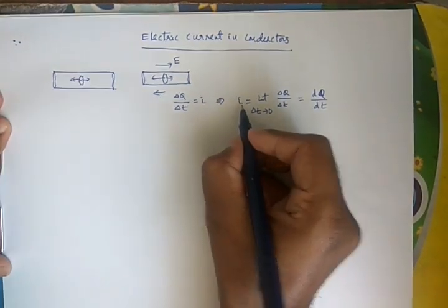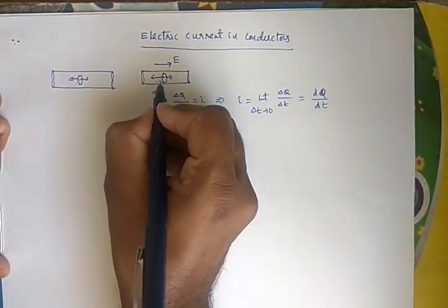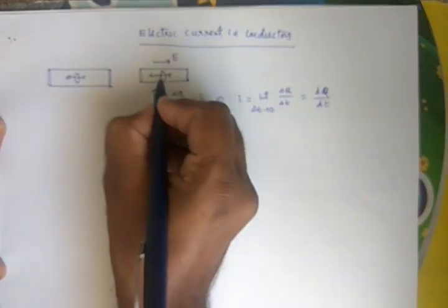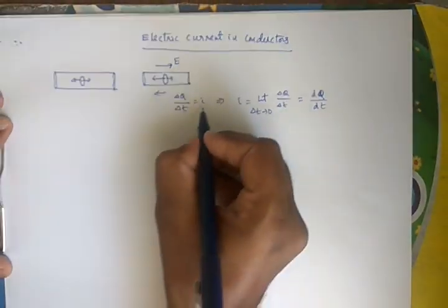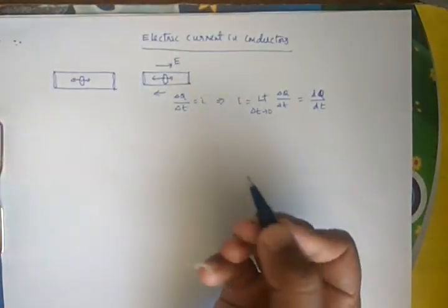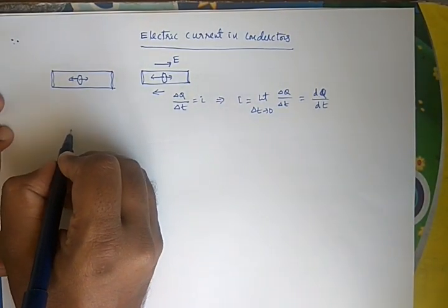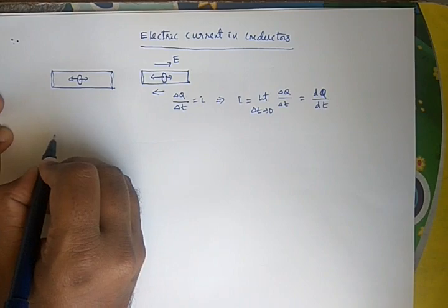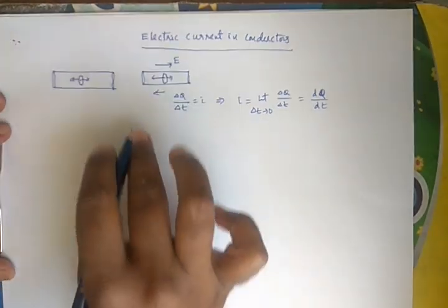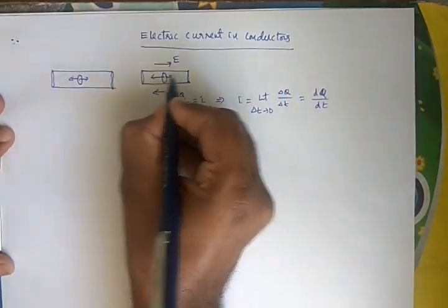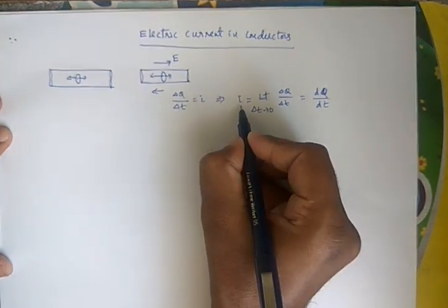So now current is defined as the rate of flow of charge through this area. The rate of flow of charge may be constant, may not be constant. For example, if you take a battery and connect it to the conductor, you will see a constant flow of charges through any area, so you get constant current.